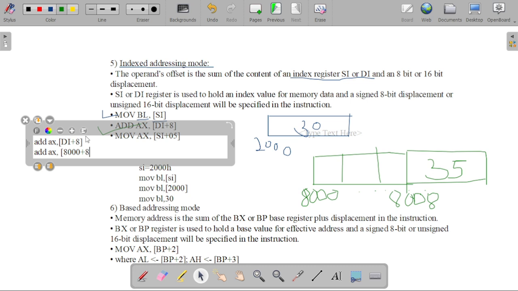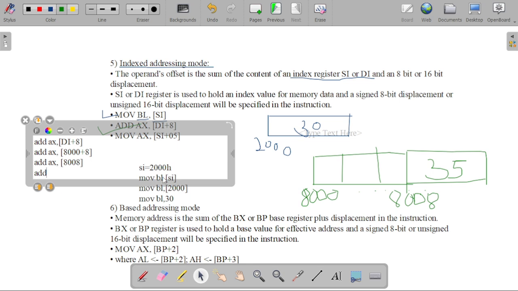So I am adding here 8000 plus 8, so it becomes ADD AX, in bracket 8008. Check what value is stored in that 8008 location, that is 35. So I am writing here ADD AX, 35H. After this instruction, AX is equal to AX plus 35.